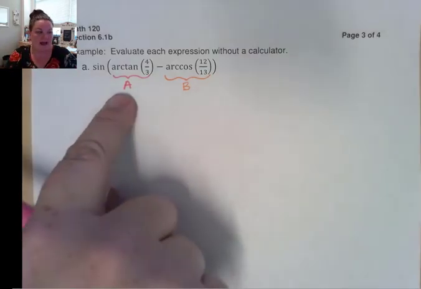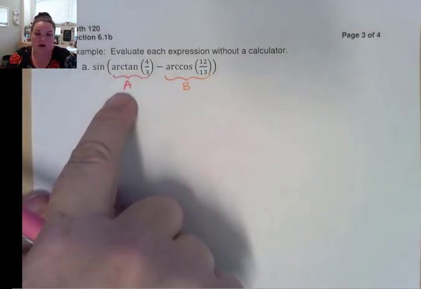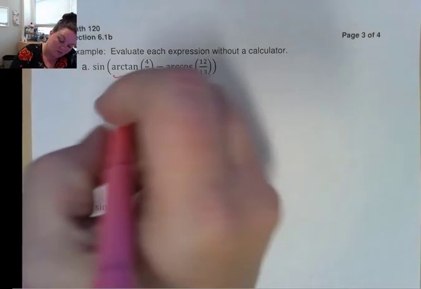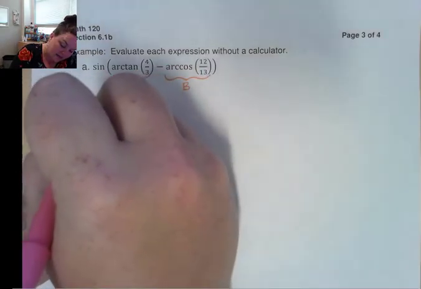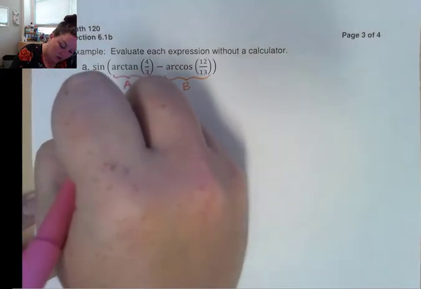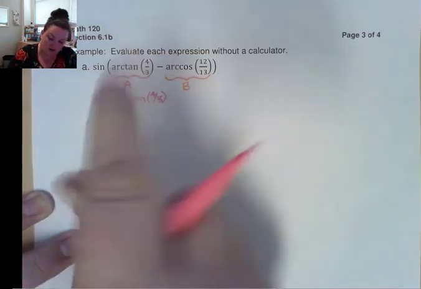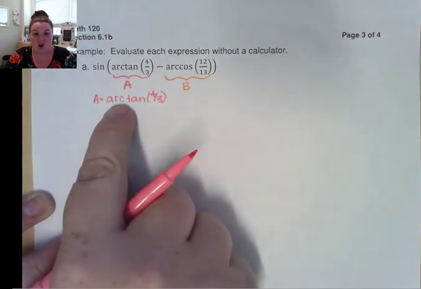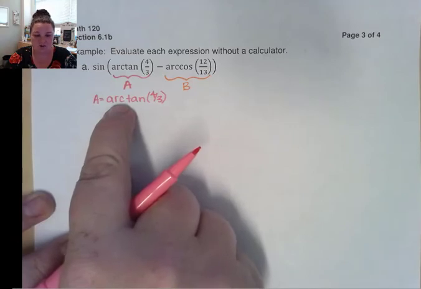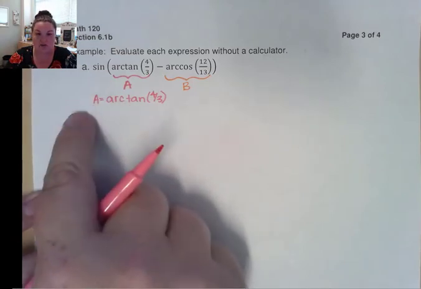So I want to find everything I know about this angle A. So what I'm saying is that A is equal to arctangent of 4/3. Now, if I want to get rid of that arc, or that tangent inverse, I need to take tangent of both sides.